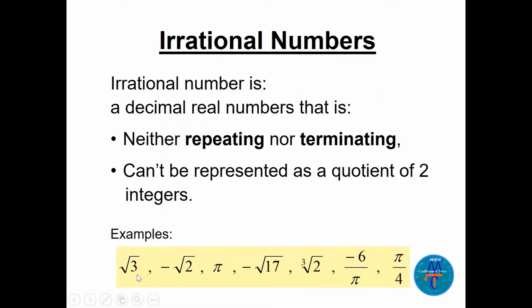Square root of 3, minus square root of 2, pi, minus square root of 17, cube root of 2, minus 6 over pi, pi over 4, any number that we cannot write as a fraction. There is no fraction equal to an irrational number. So we call it an irrational number.